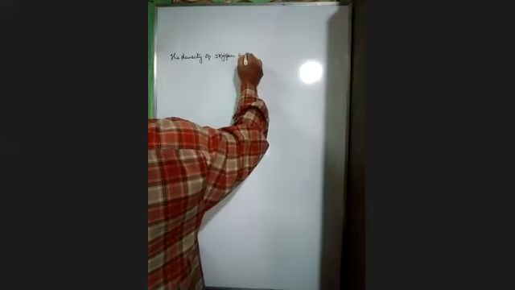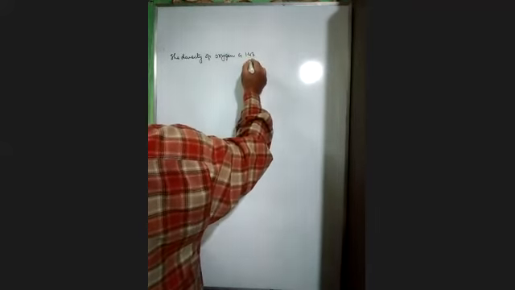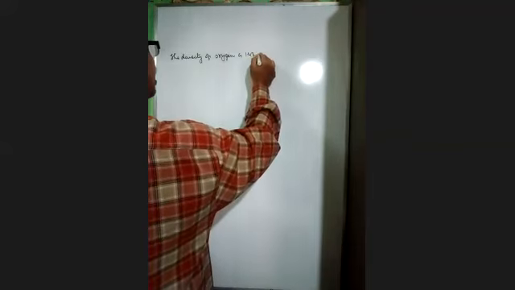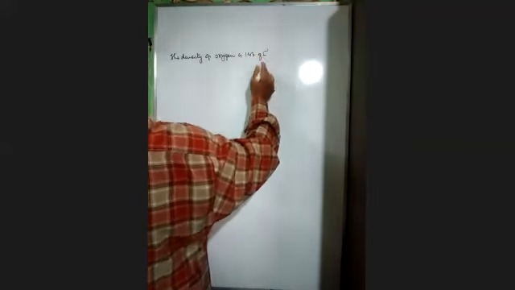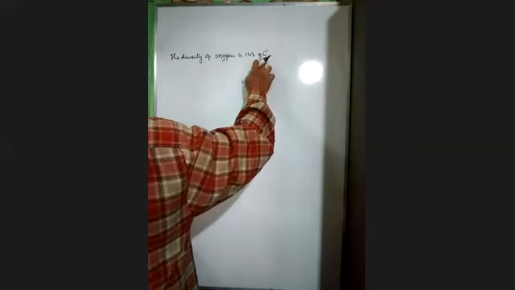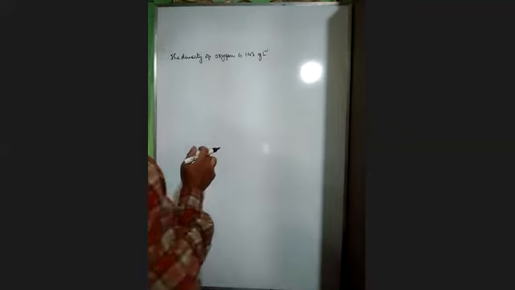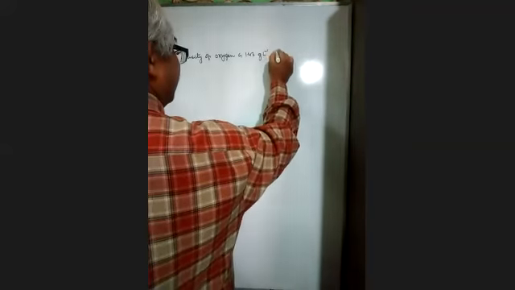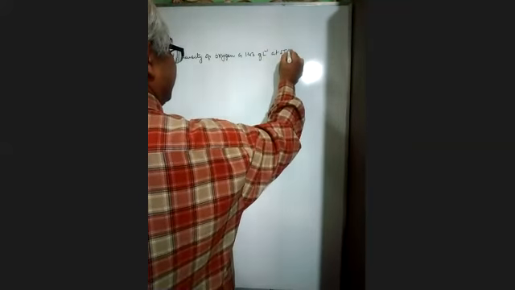Density of oxygen is 1.43 gram liter inverse. Please remember, it is in liter. At STP.